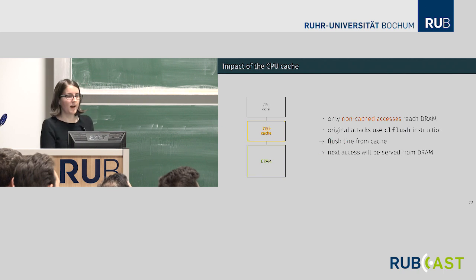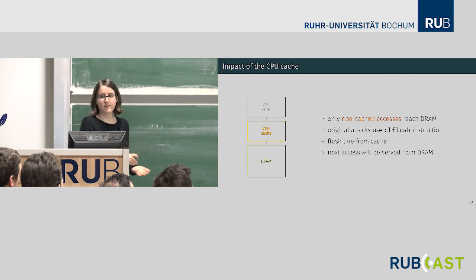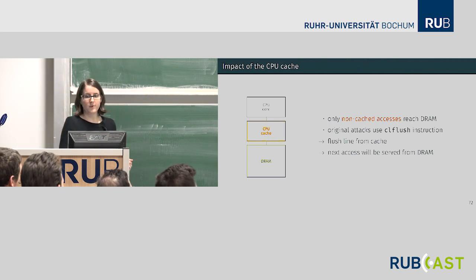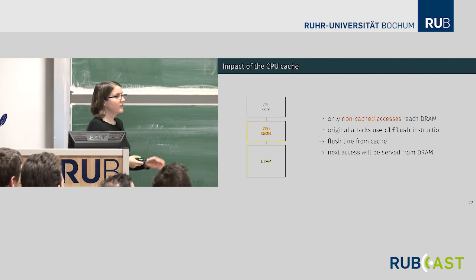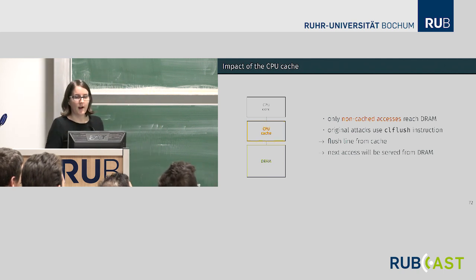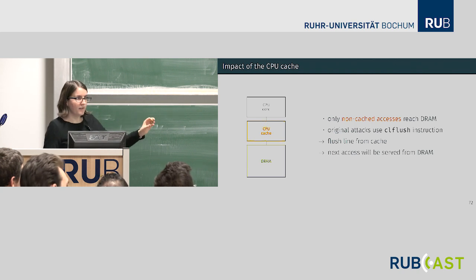So the thing is that we have the CPU cache in between the CPU and the DRAM, and to have these bit flips, you need to access the DRAM, and only non-cached accesses reach the DRAM. For that, all the original attacks use the CLFLUSH instruction. The idea is that you flush the line from the cache, and then next time it will be accessed from the DRAM.